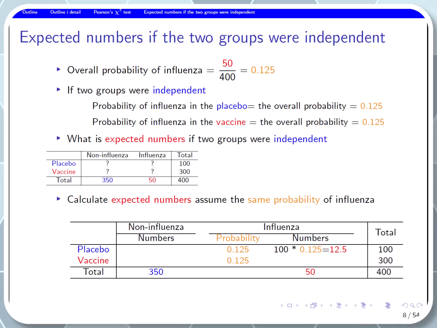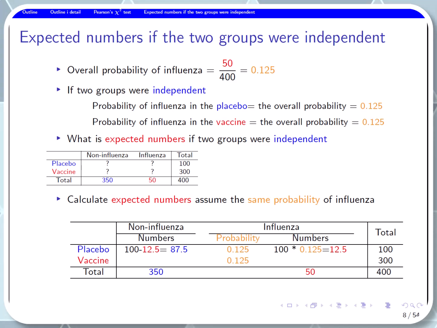Although participants could not be fractional, we will keep this value for precision in calculations. The expected number of influenza non-cases in the placebo group is 100 minus 12.5, equal to 87.5.